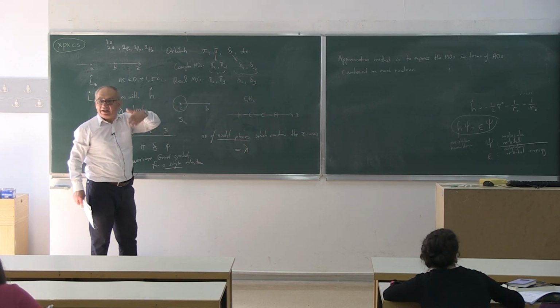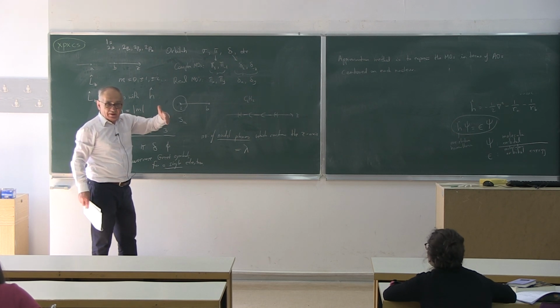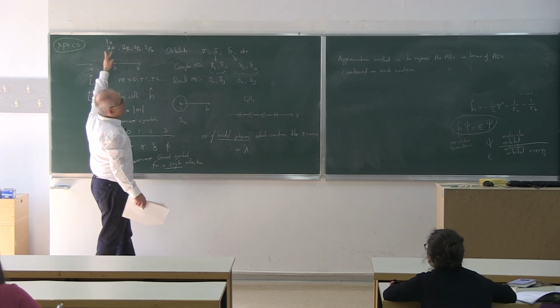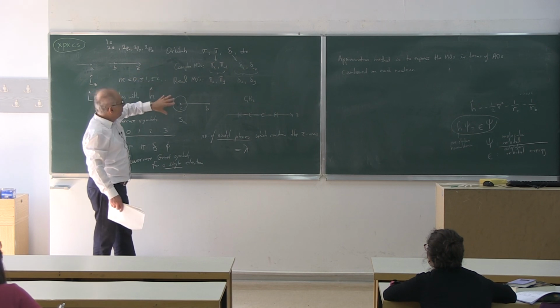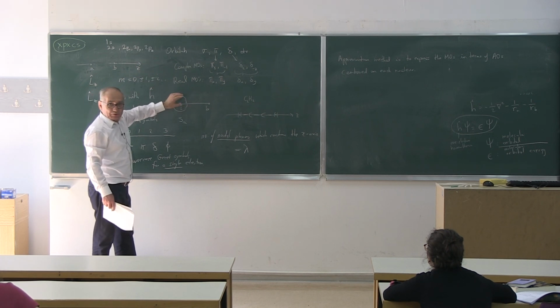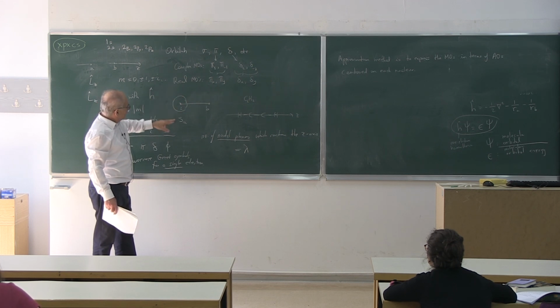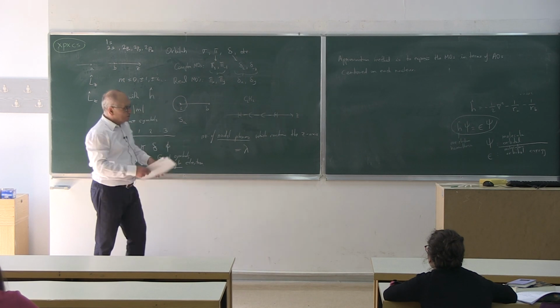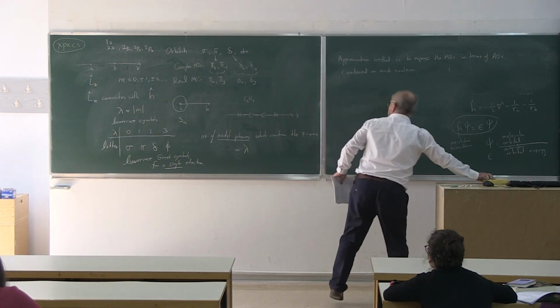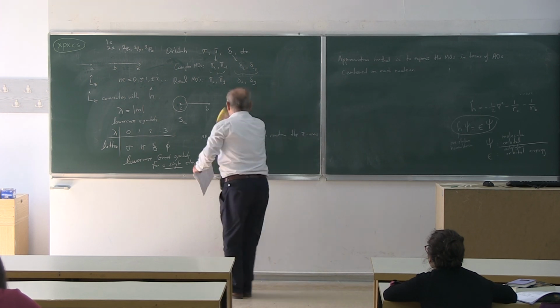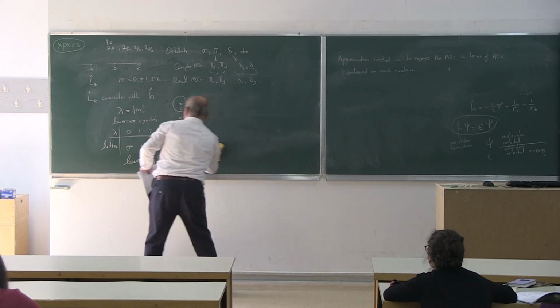Of course, there are many s orbitals: 1s, 2s, 3s, 4s, etc. All of them look similar to each other, at least qualitatively. An s orbital centered on A looks like that. Let us make this concrete.